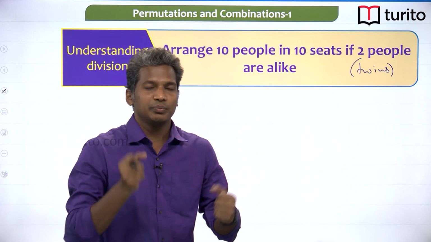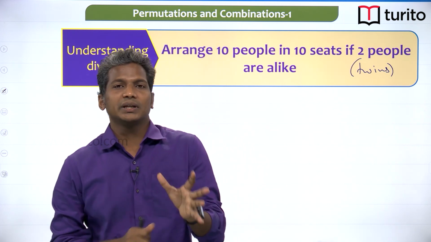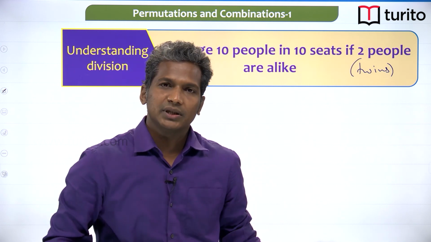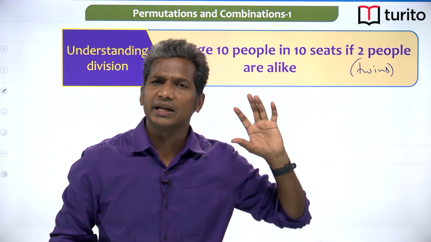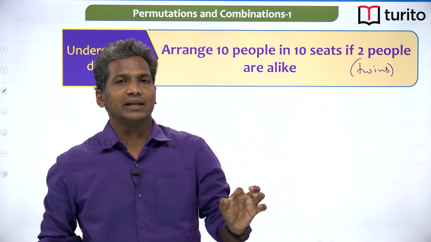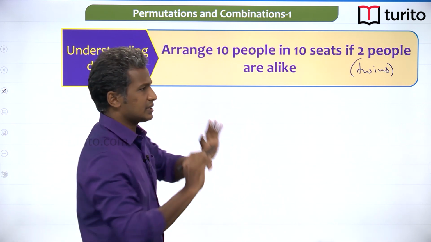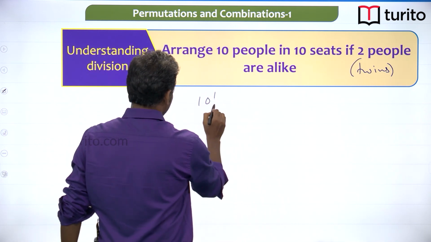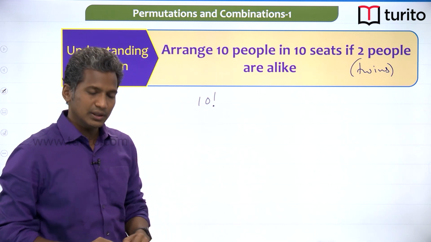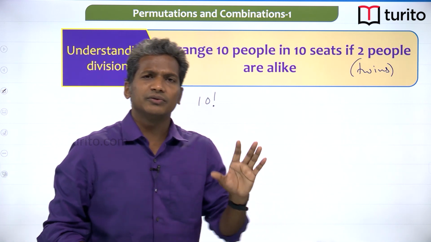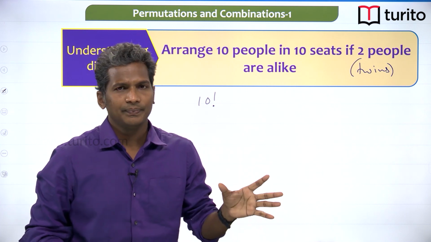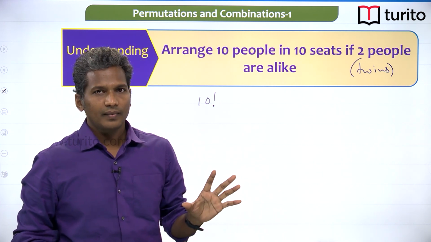So, here how do we perform that? Now, remember that if there are 10 people, the maximum number of arrangements that you can get is 10 factorial. It is standard. 10 factorial is the maximum number of arrangements you can get from 10 people. Okay.